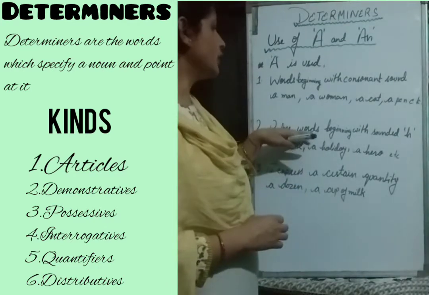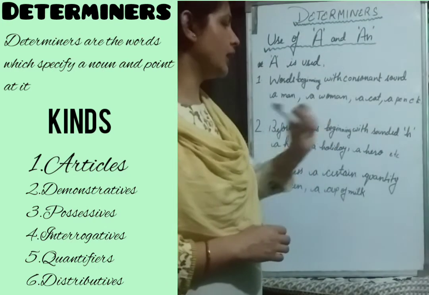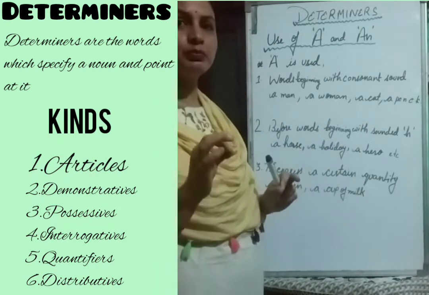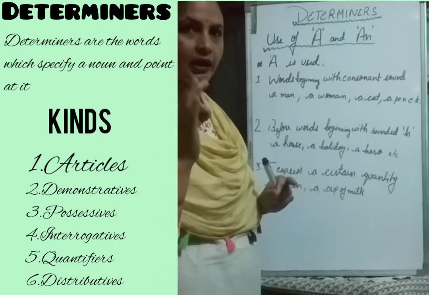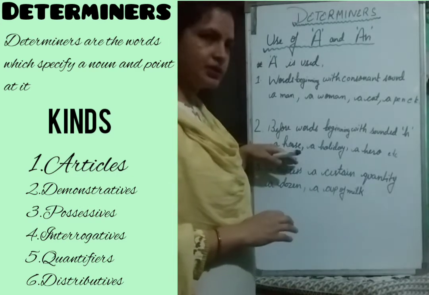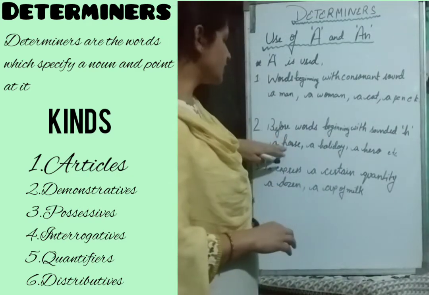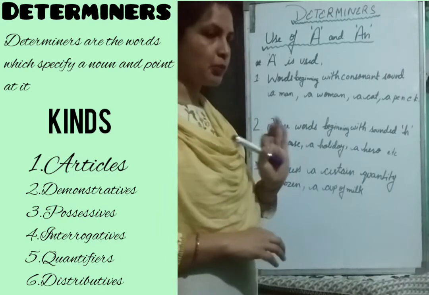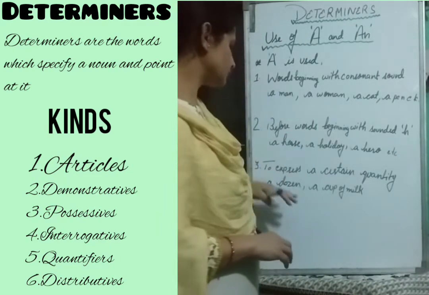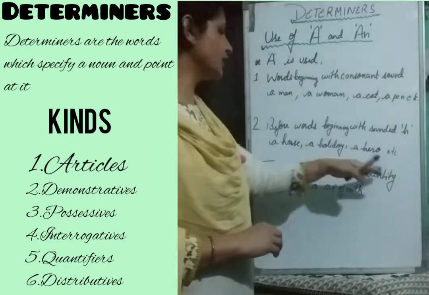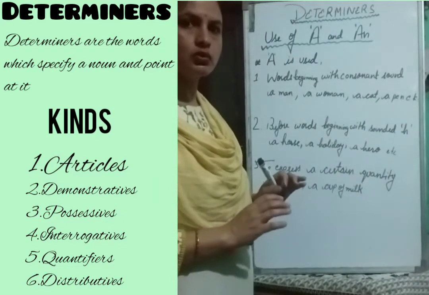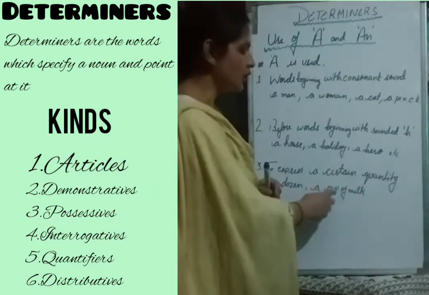Second, before words beginning with a sounded H, which sound properly H, like a horse, a holiday, a hero. The sound of this noun is properly H. Third, to express a certain quantity: a dozen, a cup of milk.